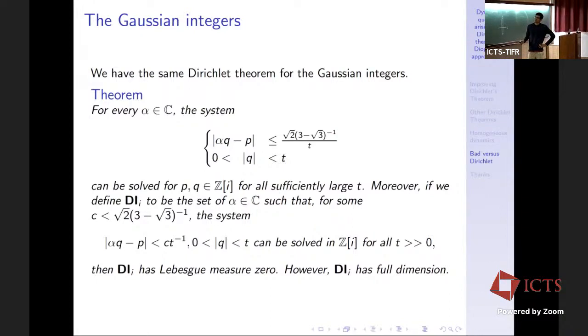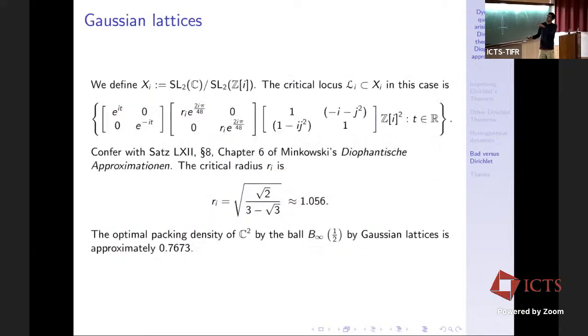Again, it's very easy, just using ergodicity, to show Di has Lebesgue measure 0. And you can also show its full Hausdorff dimension. So I'll comment on this. But first, this is what the Gaussian lattices, which witness the best packing of disk times disk, are. It's this awful set.